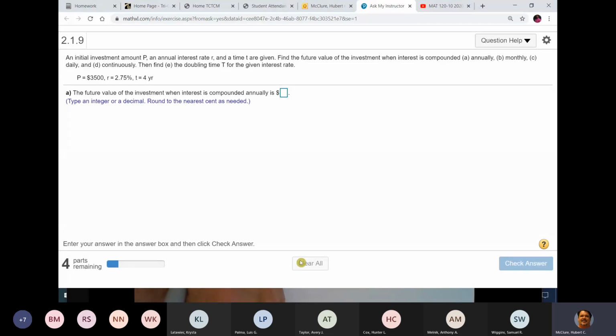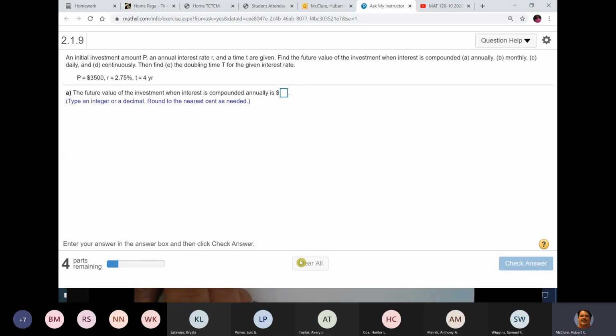N is monthly payments. I'm looking to see, I don't see anything to take away from monthly payments, so N is equal to 12. And T, how many years? 4 years. Does it say compounded annually and monthly and continuously?